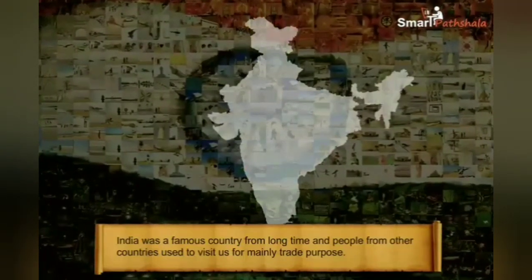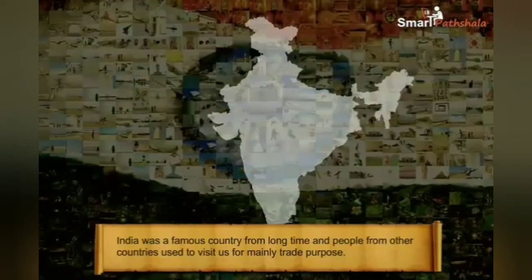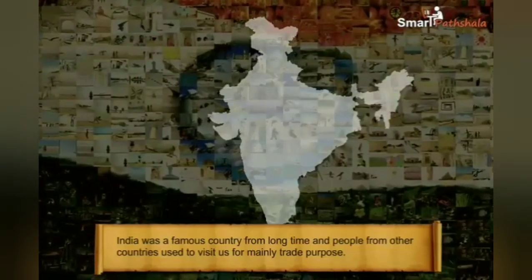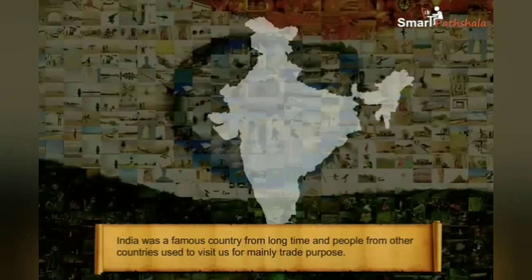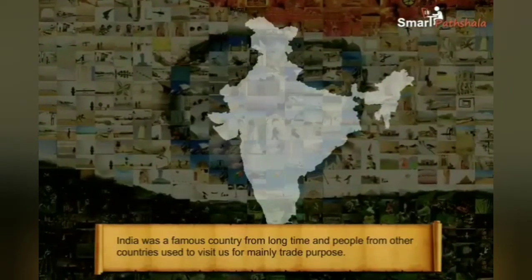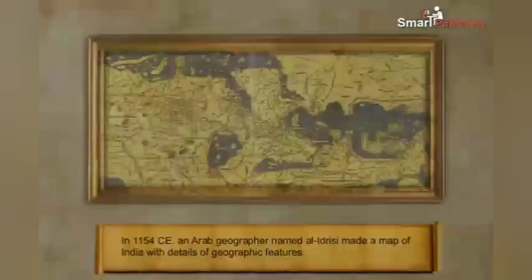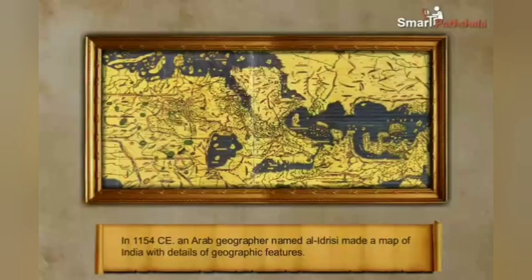As we know, India was a famous country from a long time and people from other countries used to visit us mainly for trade purposes. For the same, various travelers had their own maps. Like in 1154 CE, an Arab geographer named Al-Idrisi made a map of India with details of geographic features.